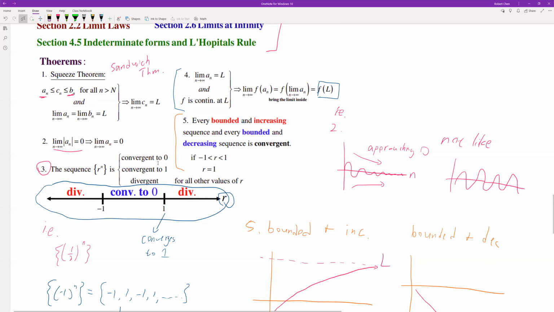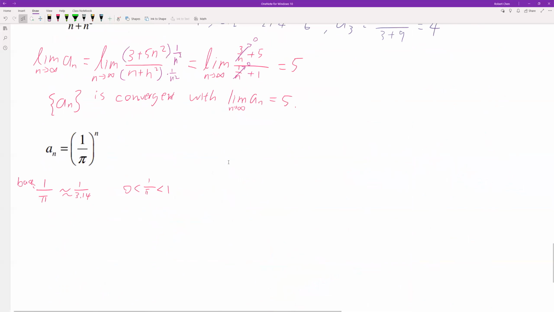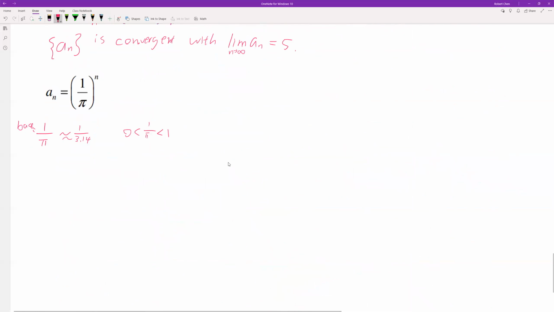So by this point, we can say that, yes, it's going to converge to 0. Okay. By number 3, a_n is convergent with limit as n approaches infinity of a_n equal to 0.